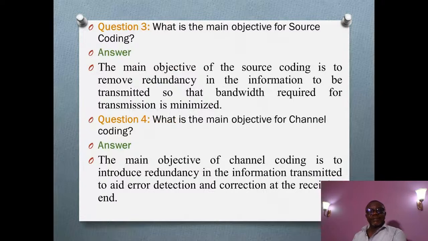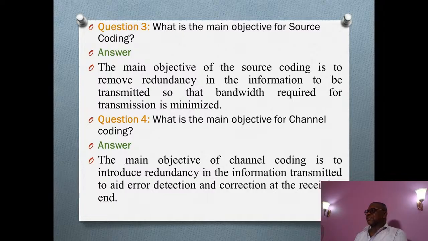Question 3 is, what is the main objective for source coding? If you recall, when we were doing the lectures, we have channel coding and source coding. They are two different things. So now the question is, what is the main objective for source coding? The main objective for source coding is to remove redundancies.